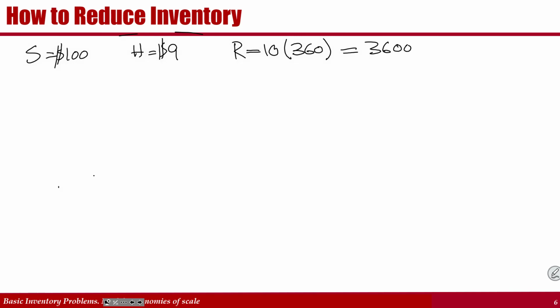And then we have 4 warehouses, so R is equal to 4 times 3600.